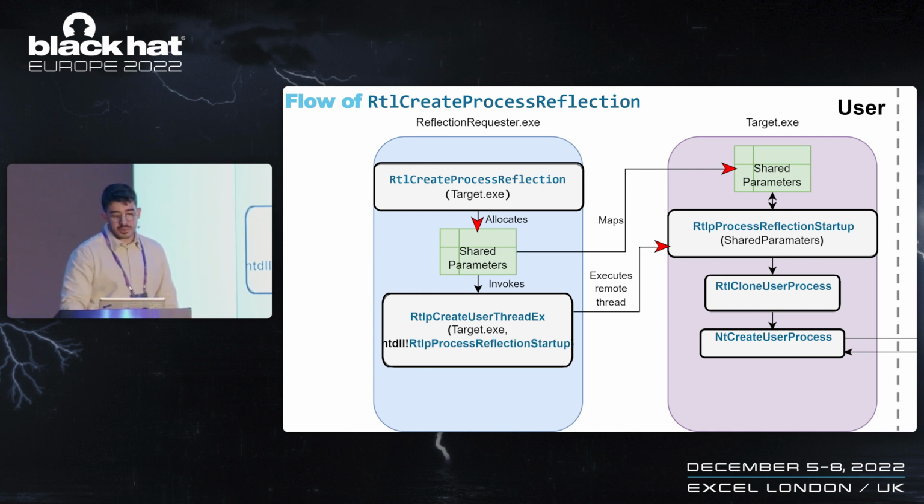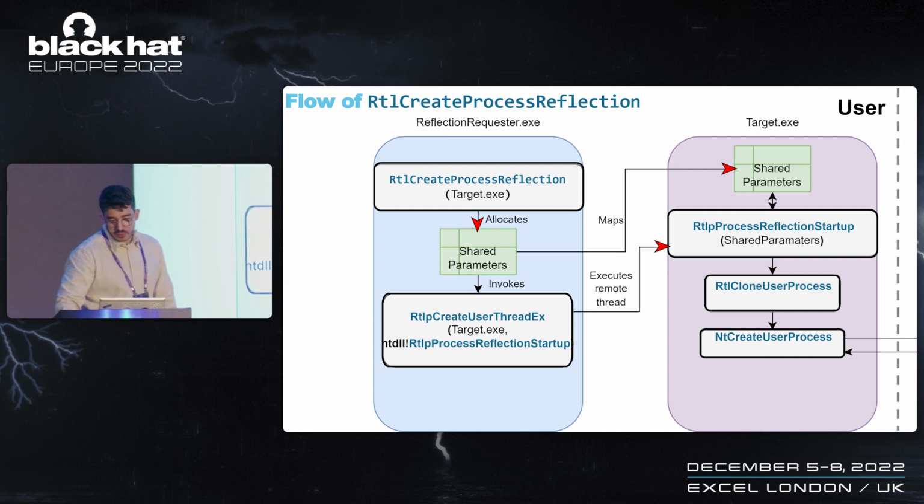For the first step, it will allocate a parameter block and map it to the target memory space. For the second phase, it will invoke a call to RtlpCreateUserThread, which is a wrapper to CreateRemoteThread, that will work over the target with a starting entry point inside NTDLL, a stub called RtlpProcessReflectionStartup, meaning the entry point to a reflection.